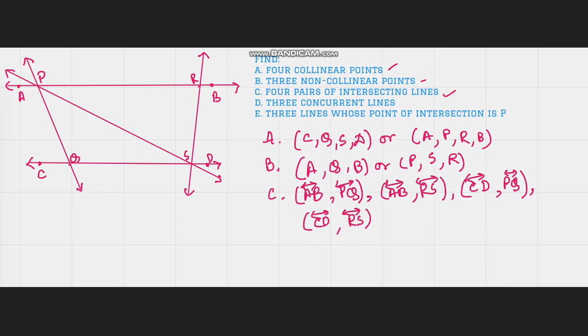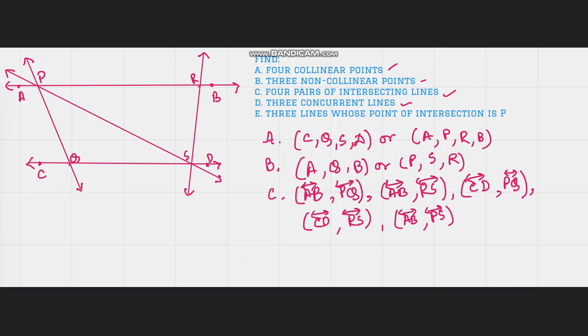Clear? There is another pair also, like you can see AB and PS. AB and PS also intersect at point P. The same goes for CD and RS, which we already explained, right? So these are the intersecting lines. Since they have asked for 4, you can write any 4.